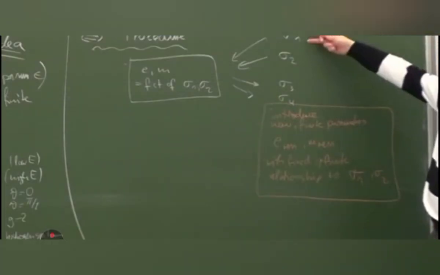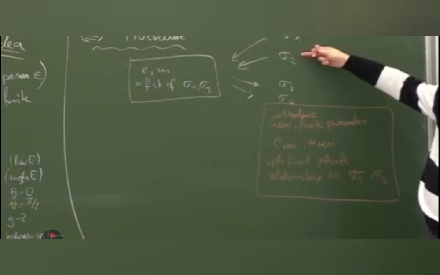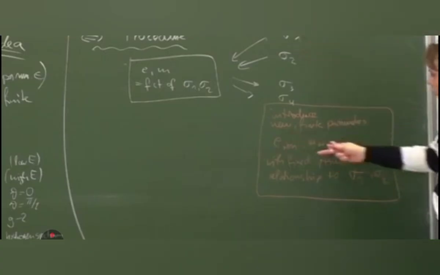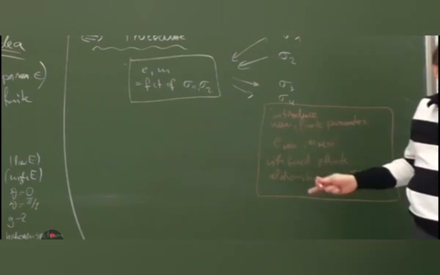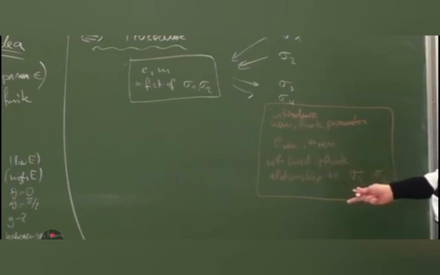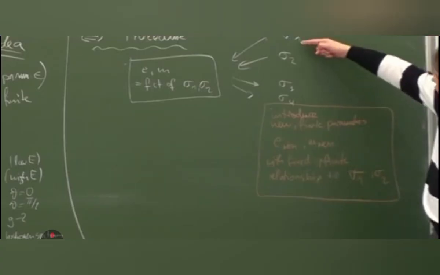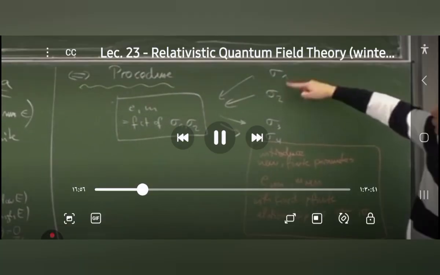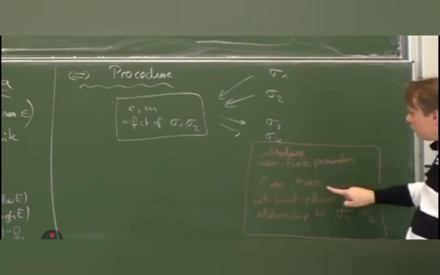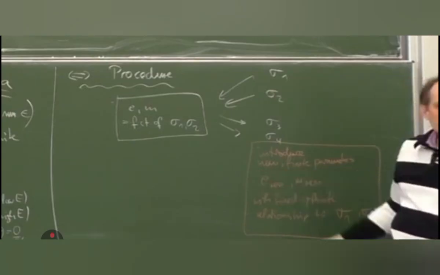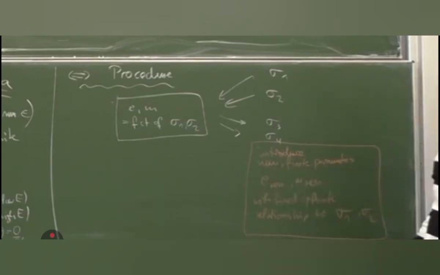So we just replace sigma 1 and sigma 2 by two new quantities with a fixed relationship which is by construction finite. And then instead of expressing everything in terms of sigma 1 and sigma 2, we can now express everything as a function of E renormalized and M renormalized, and it still will remain completely finite.